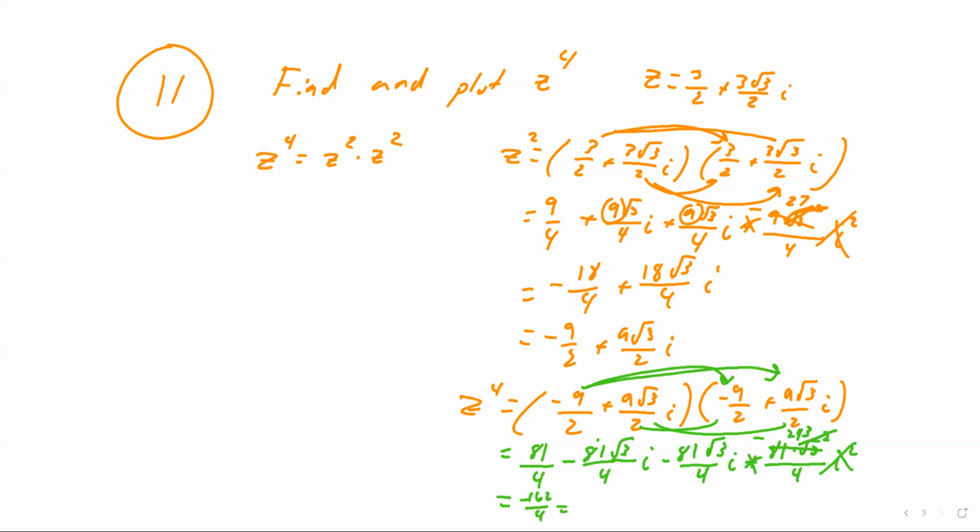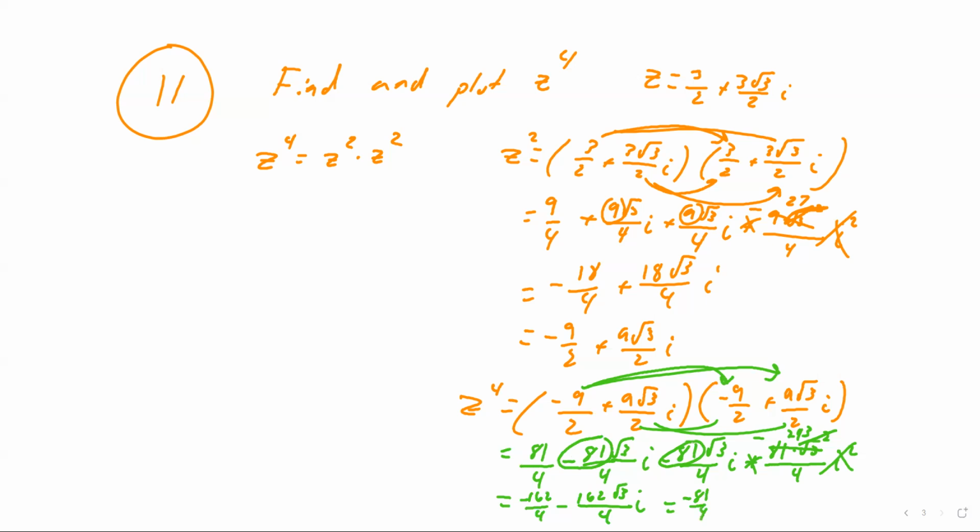And then here again, I'm going to add these guys up. So what's negative 81 plus negative 81? Perfect. And then you could type this in the calculator or simplify it down to negative 81 fourths.